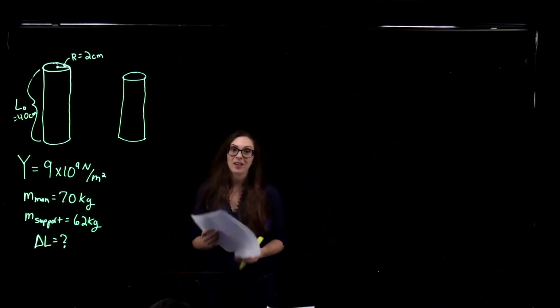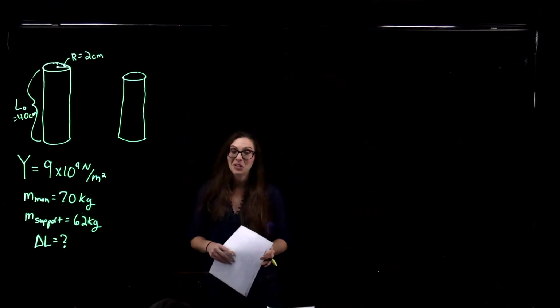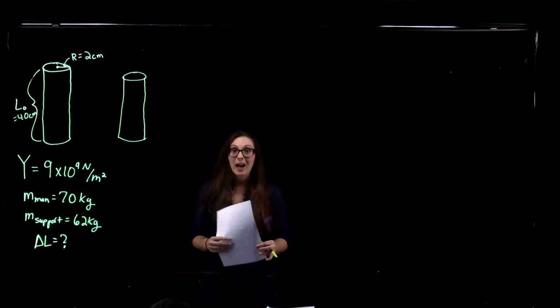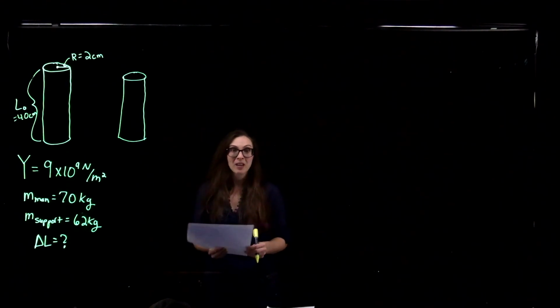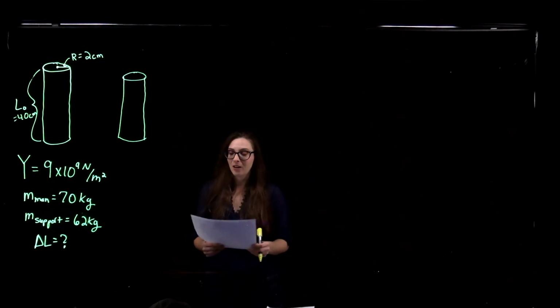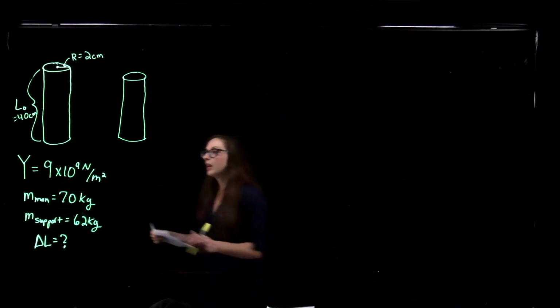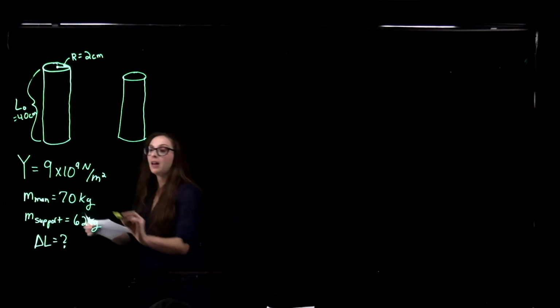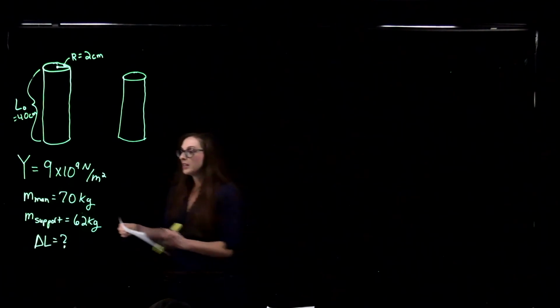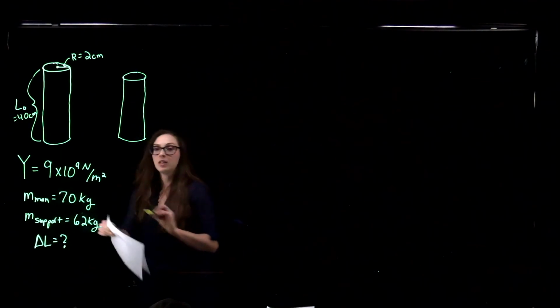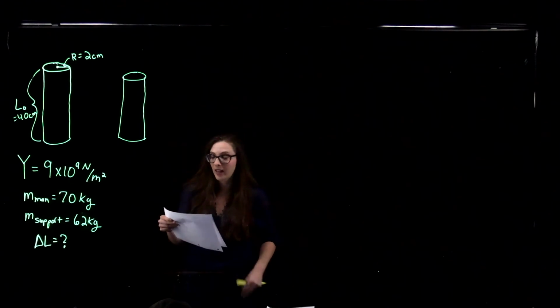We are going to calculate how much your leg shortens when you stand on it. Our bones are compressible, and we're going to calculate that right here. So calculate the change in length of the upper leg bone, our femur, when a 70-kilogram man supports 62 kilograms of his mass on that one leg.